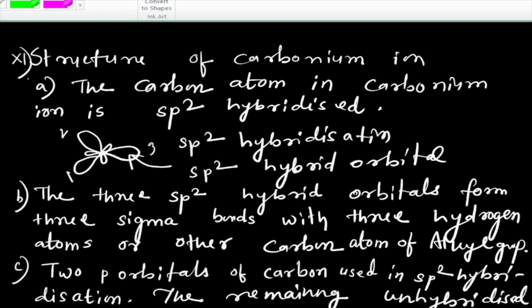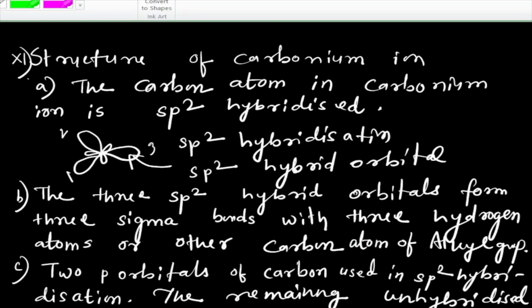Each sp2 hybrid orbital forms a sigma bond with a hydrogen atom, that is the s orbital, or also you can say any group instead of hydrogen, just like an alkyl group. And 2 p orbitals of carbon are used in sp2 hybridization. Out of px, py, pz, only 2 orbitals are used, and 1 remains, which undergoes no hybridization, remaining an unhybridized orbital.